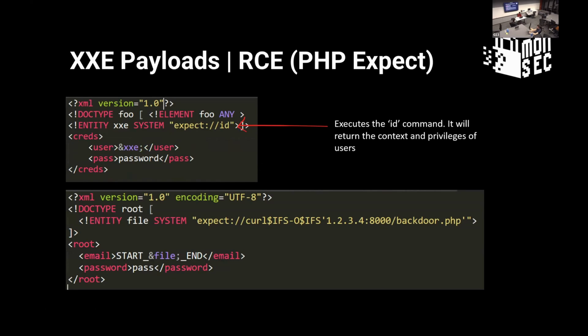You can also do remote code execution using PHP expect. This is kind of an exploit, and what they do here is, in the URL section, you do expect with id in this case. It executes this id command in whatever environment they're running in, probably Linux.